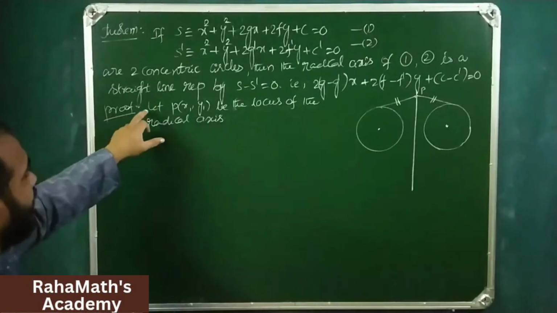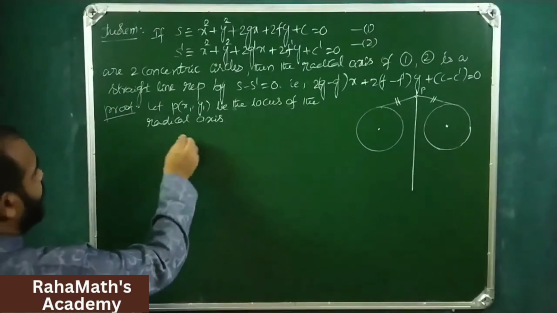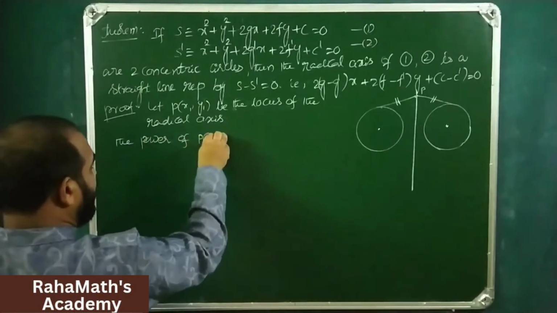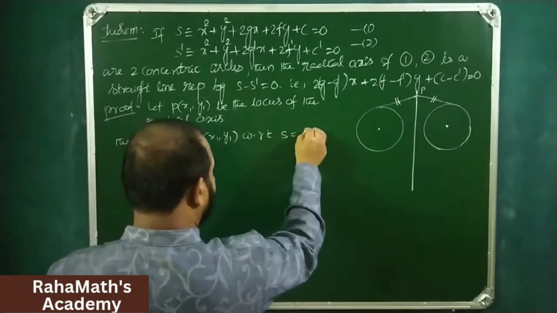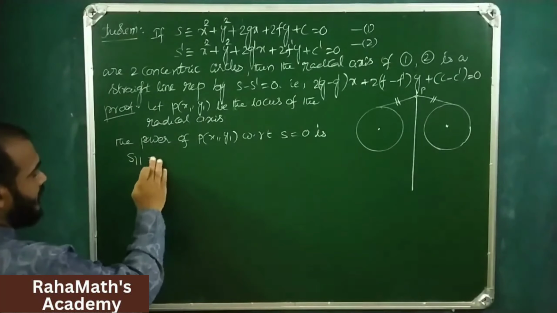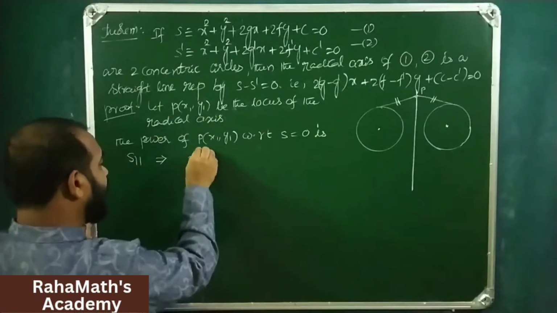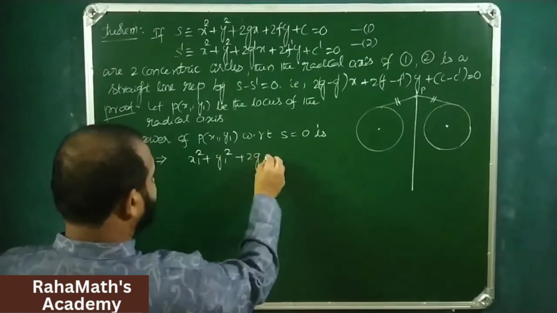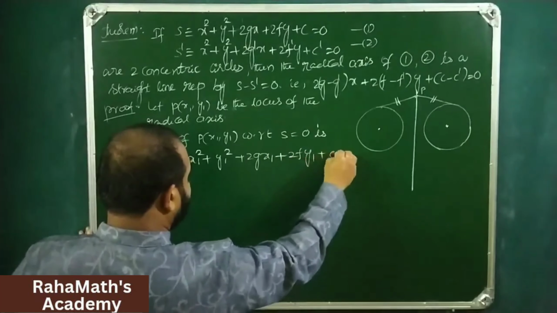So let P(x1, y1) be a point on the locus of the radical axis. Here the power of P(x1, y1) with respect to S equals 0 is S11, that is x1 square plus y1 square plus 2g x1 plus 2f y1 plus c.